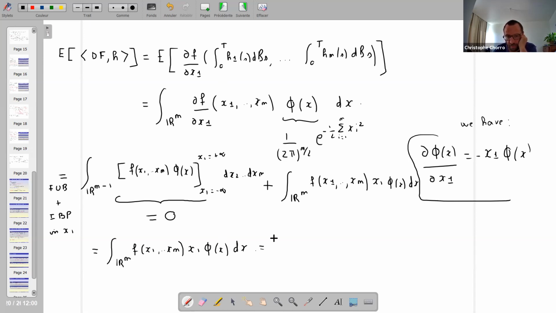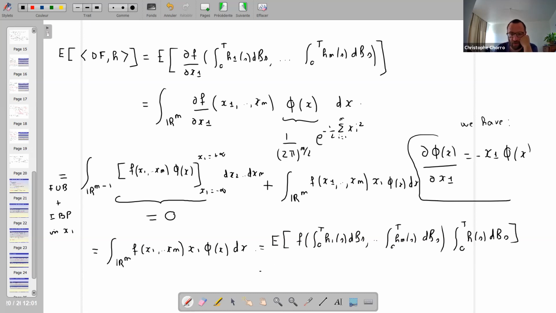And so I can express things this way: expectation of f of my vector of Wiener integrals, multiplied by what? Multiplied by x1 here. And what is x1? x1 is just the first element of my random vector, that is the integral between 0 and capital T of h1 of s dBs, with h1 that is supposed to be equal to h.